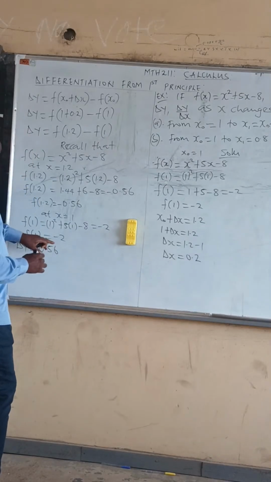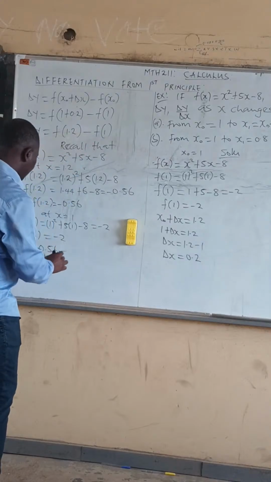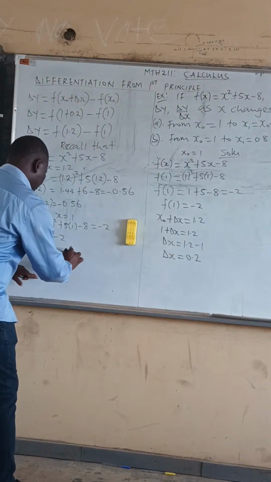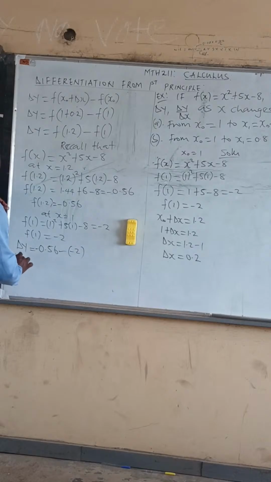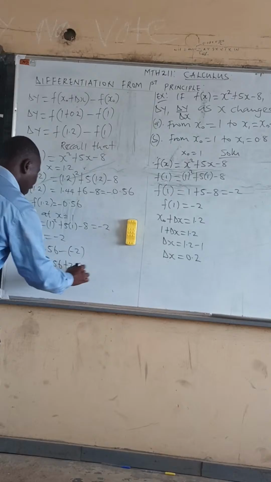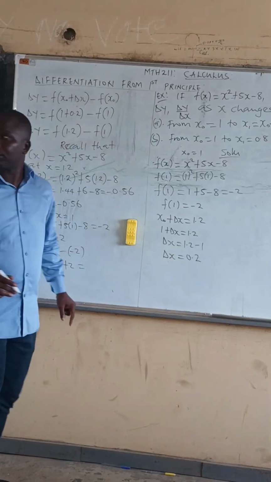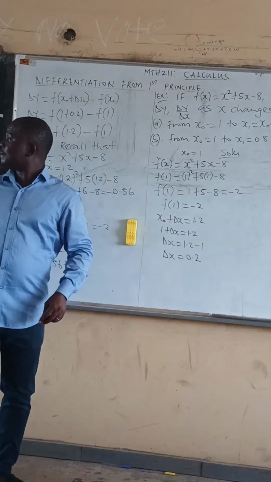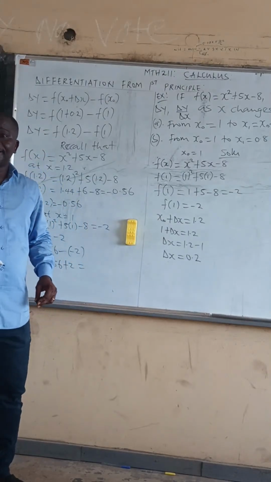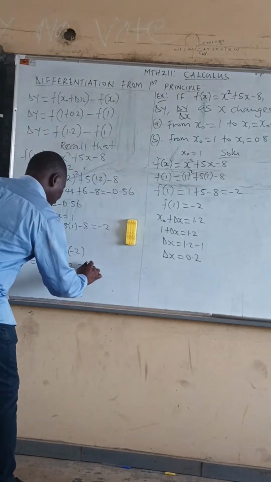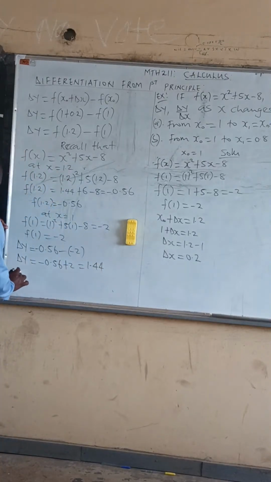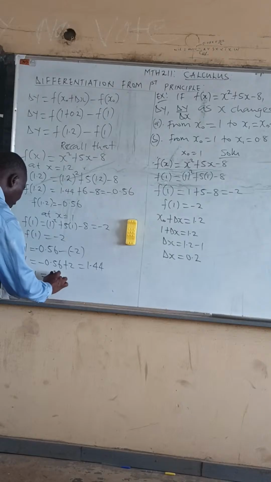Then here is minus. Our f of 1 is minus 2. Amen? Do you understand? Yes, sir. So this implies that our dy is equal to minus 0.56 minus times minus, plus 2. And what is the answer? Last one. 1.44. Therefore, our dy is equal to 1.44.